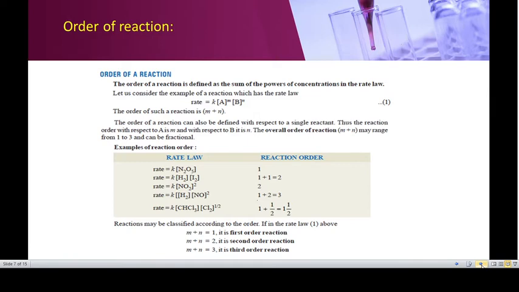So here the sum of powers means 1 plus 1 is equal to 2. Therefore it is a second order reaction. If m plus n is equal to 3, then it is a third order reaction. So this is a simple definition of order of reaction and a few examples.